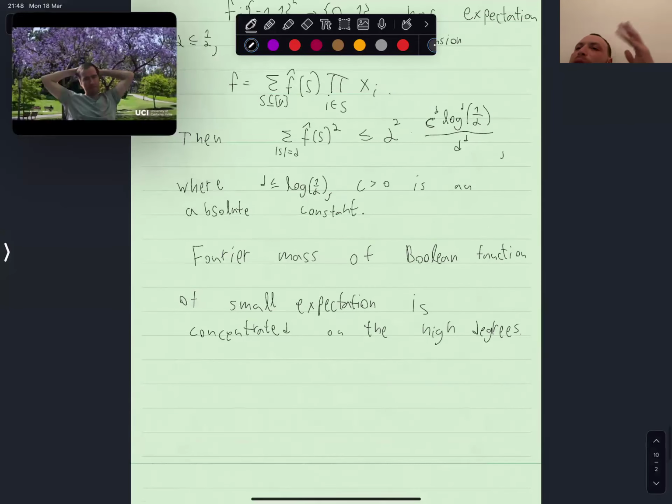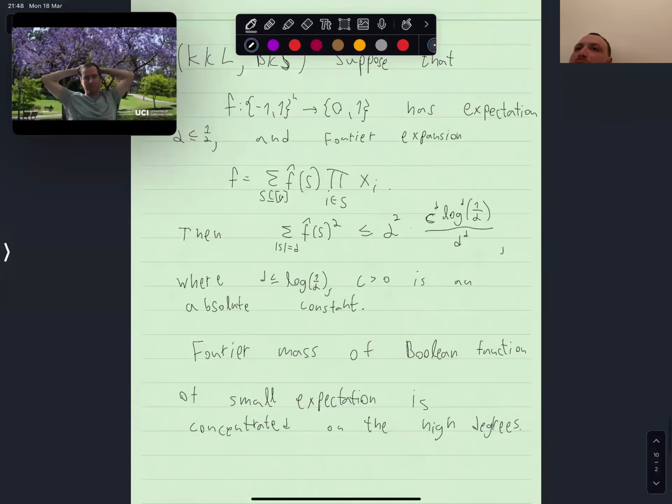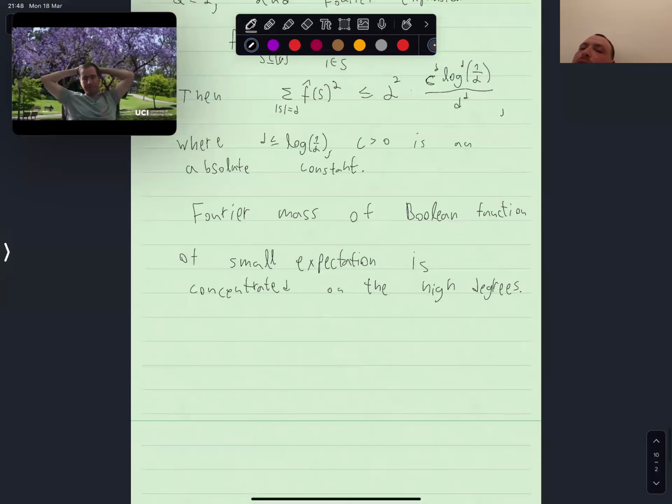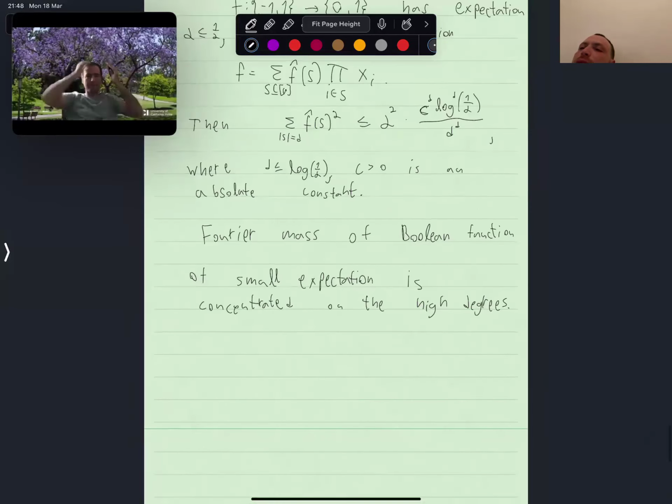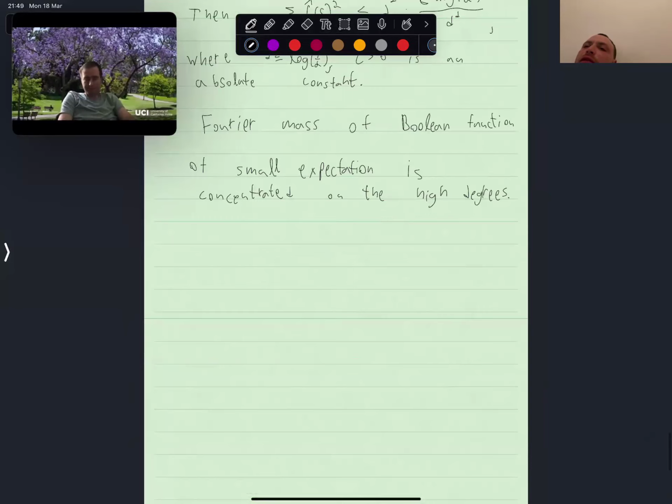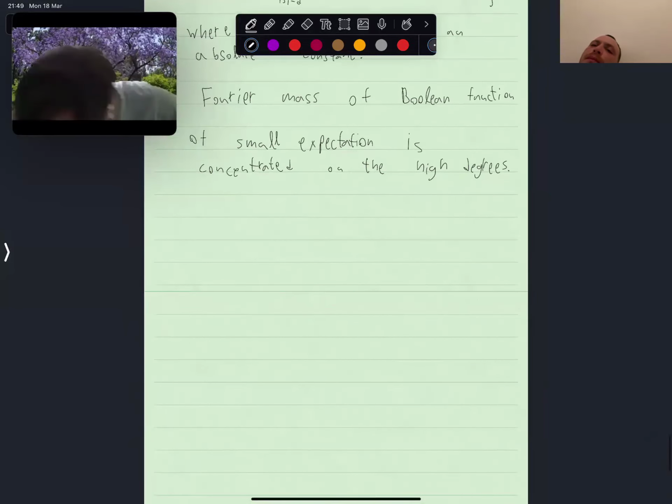So it's proved via the Bonami lemma or via hypercontractivity. And basically our idea was to generalize it to the special unitary groups.